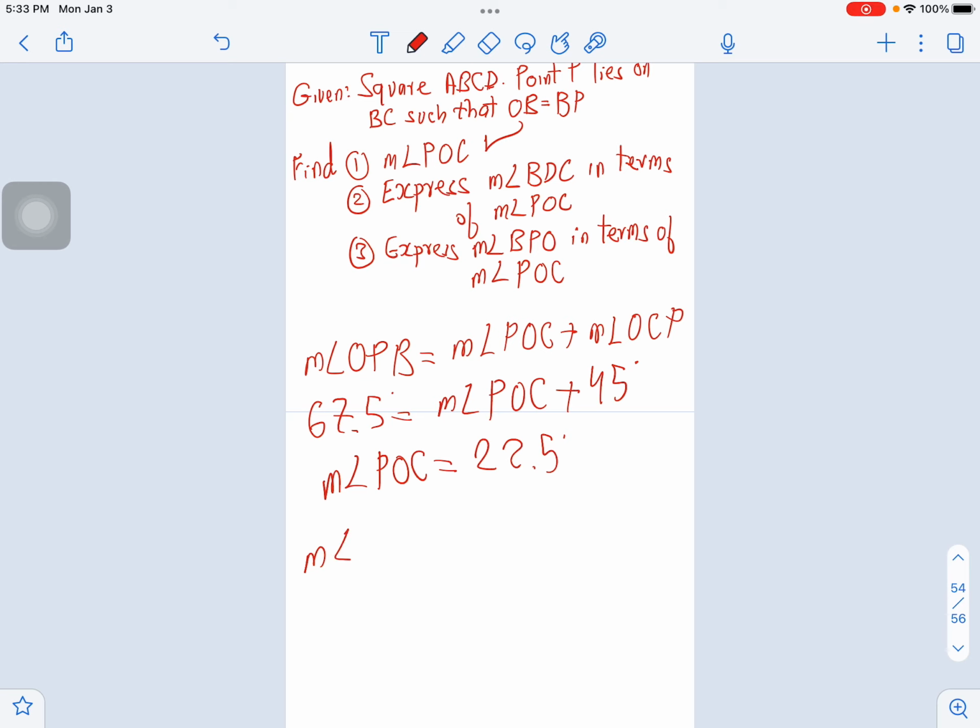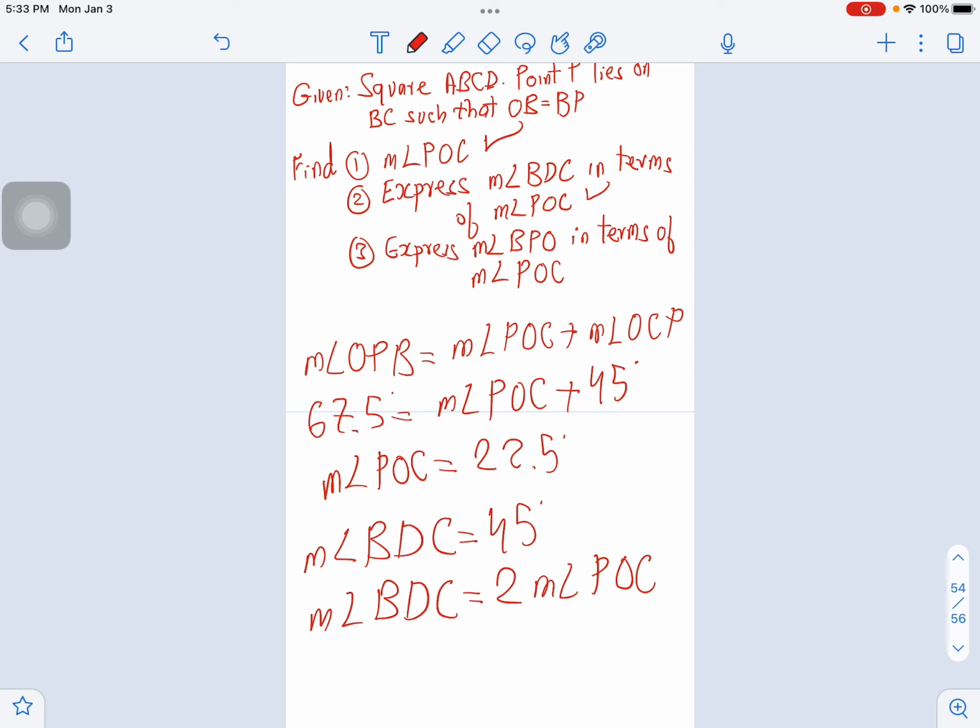Measure of angle BDC is 45 degrees. What is the relationship between 45 degrees and 22.5? 45 is twice of 22.5, and therefore measure of angle BDC becomes 2 times measure of angle POC. Yes? So we are done with that.